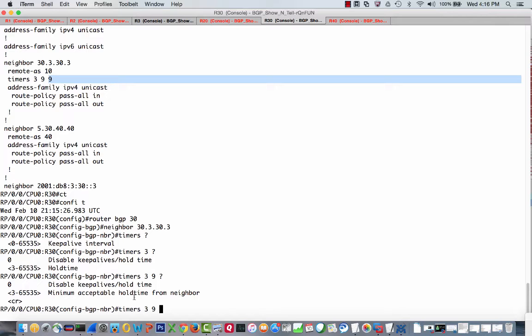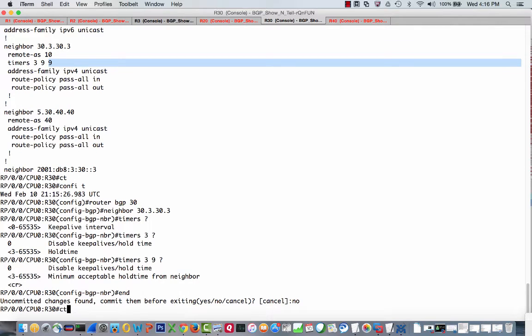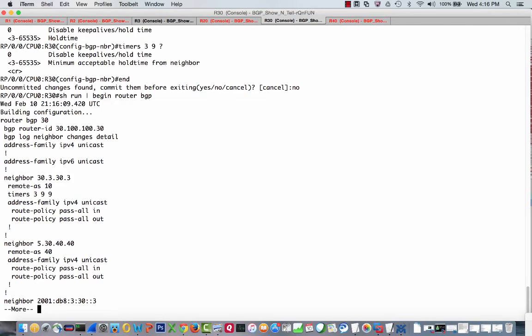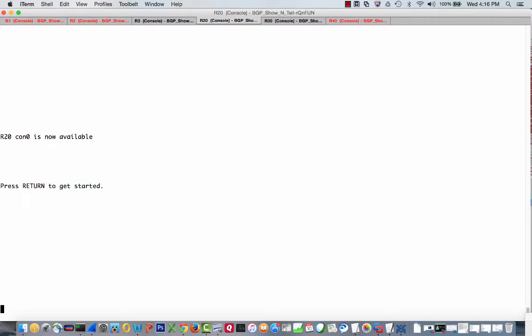So router 3 is trying to do a hold time of 3, both for IPv4 and IPv6, and that is clearly not going to be allowed. And that is also what's happening under the IPv6. So I have a timers 399. Again, you wouldn't know that because it's not going to tell you that.